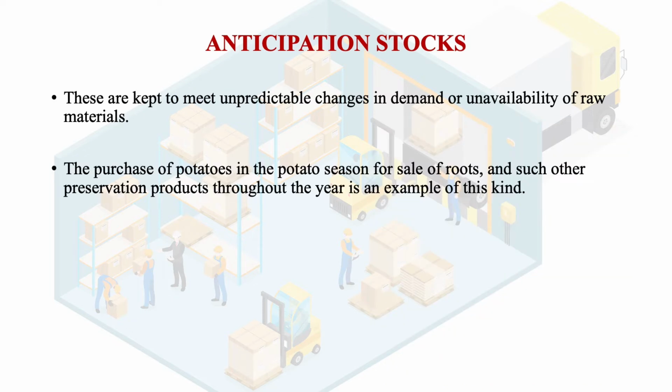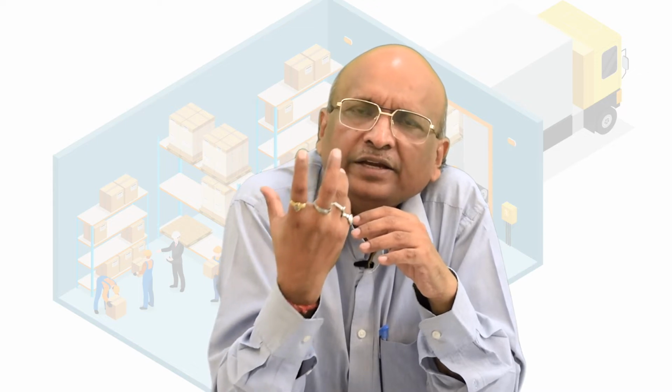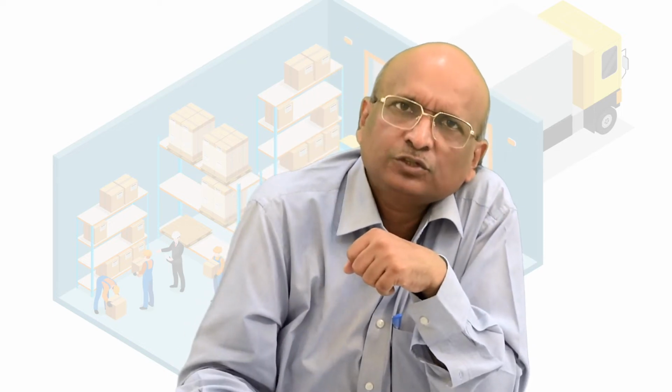The purchase of potatoes in the potato season for sale of roots and such other preservation products throughout the year is an example of this kind. Basically, anticipation means there is certain uncertainty in the market, so you buy before there is a variation in price or variation in the supply of the item. That is called the anticipation stock.